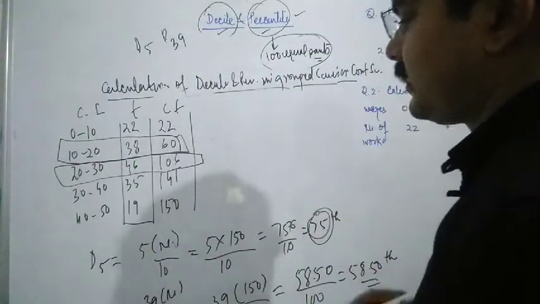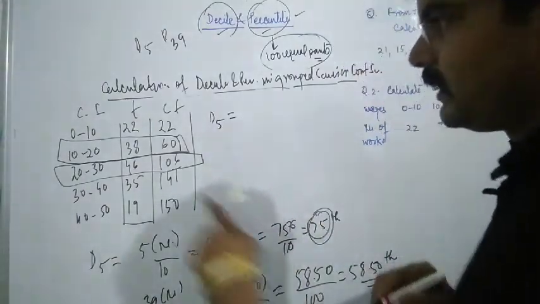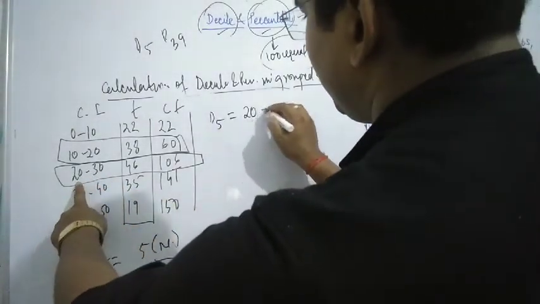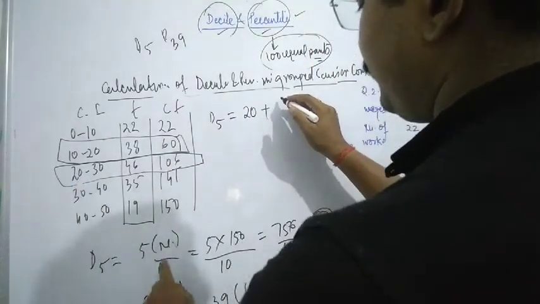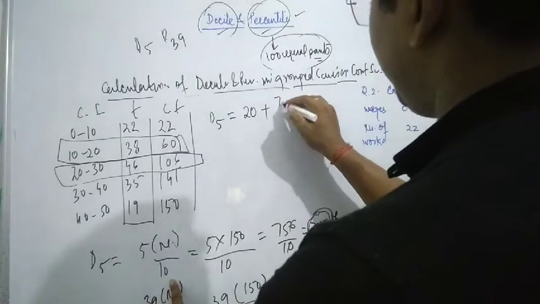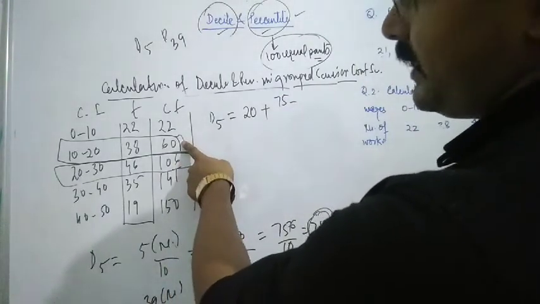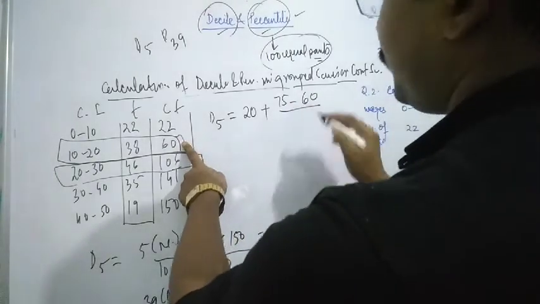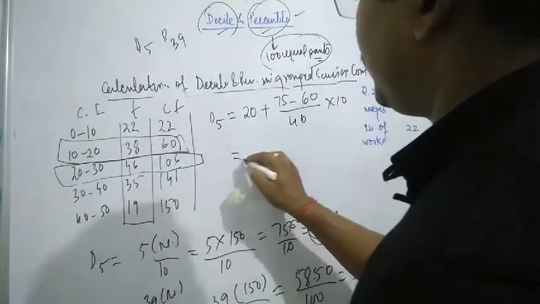First of all, let us calculate D5. For D5, L1 would be 20, and we have just calculated the 5n upon 10 value, which is 75, minus cumulative frequency, which is the preceding value, 60, upon frequency 46 into 10. 10 is the class size.